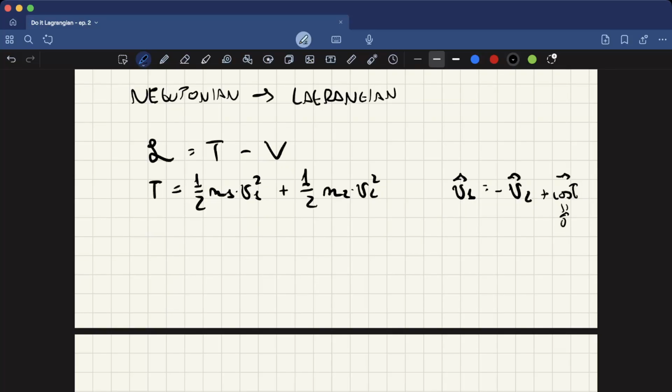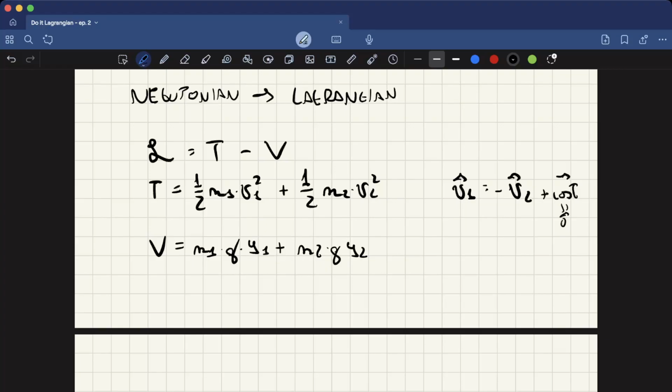Okay, so this is for the kinetic term, and for the potential term we will have V equals to m1 times g times y1, which is the height of the first body, plus m2 times g times y2.